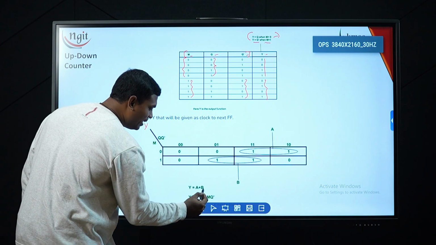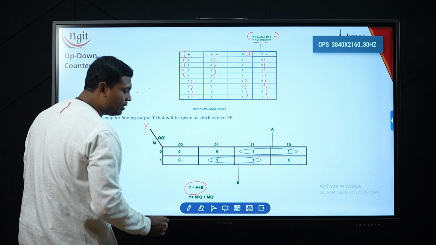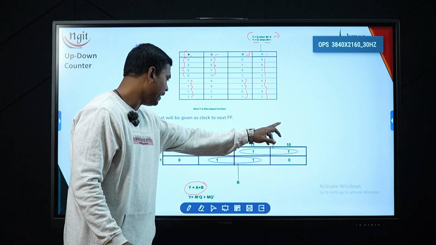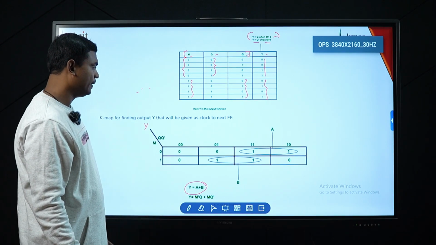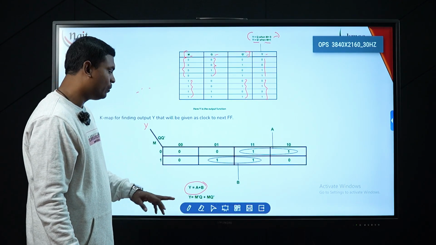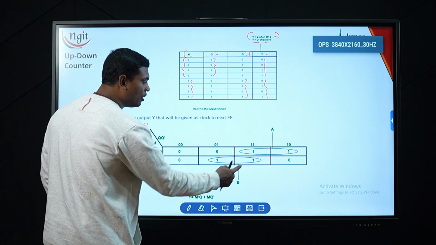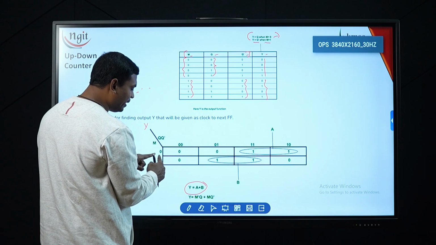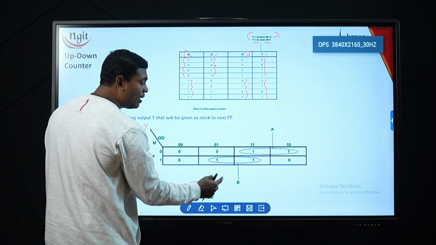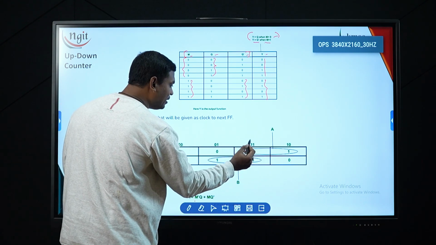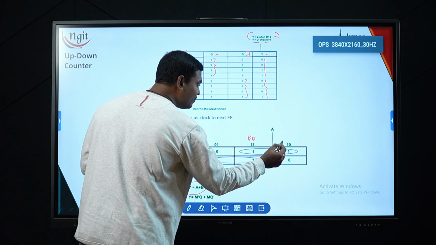So my expression for Y will be Y is equal to A plus B. This is A, this is B here. Now what is the A value? A stands for M bar Q. Here for A, the common thing on the left side is M bar, and on the top the common thing is Q, since the columns are Q Q bar.